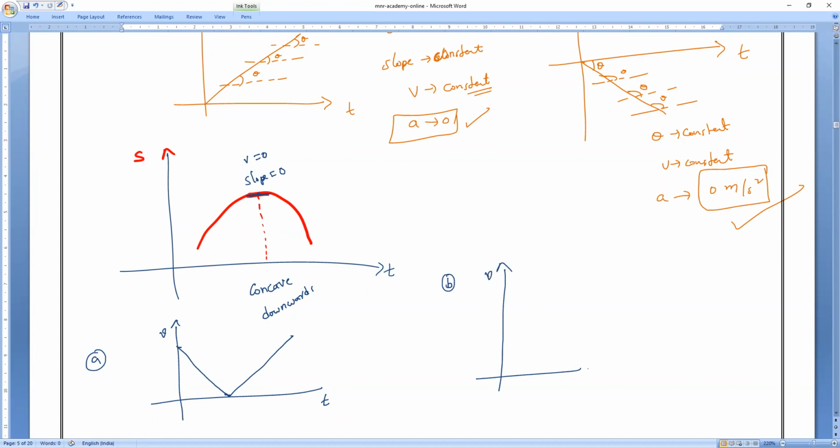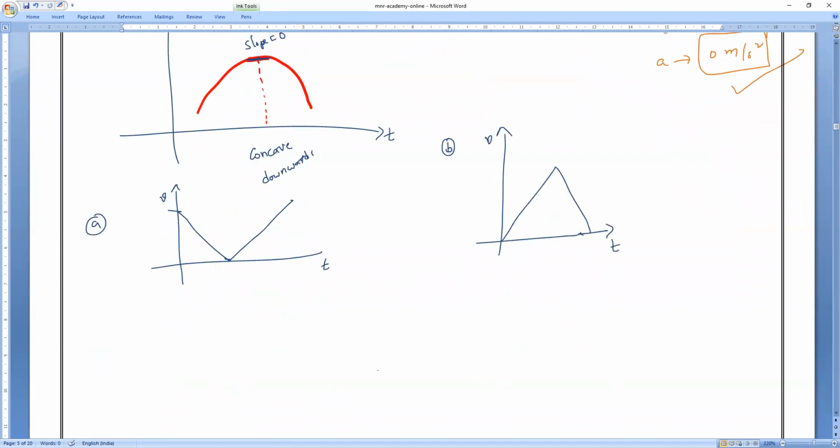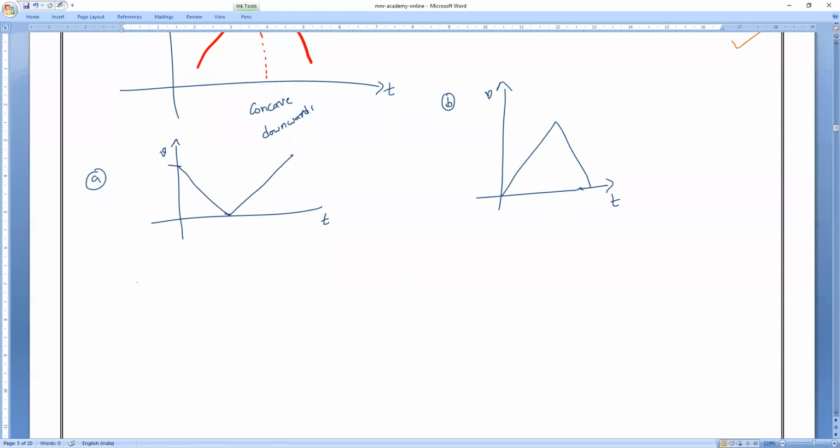Next, graph 3. Check it, everybody. Option D.